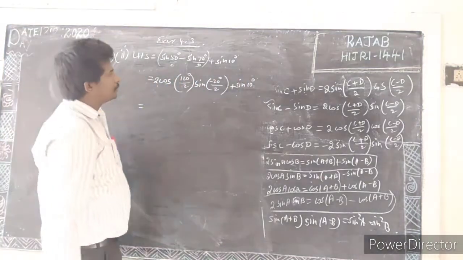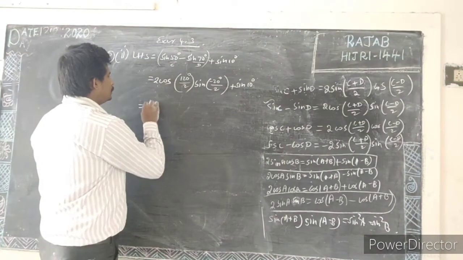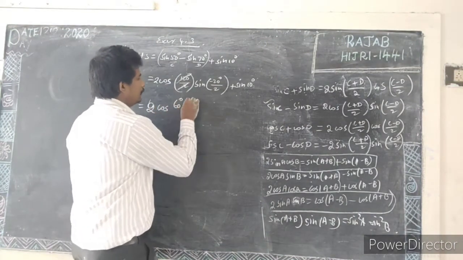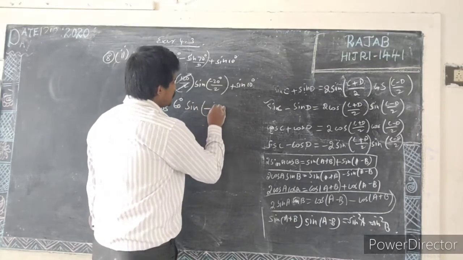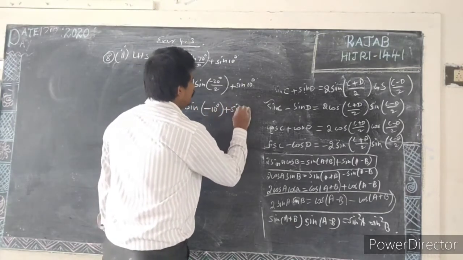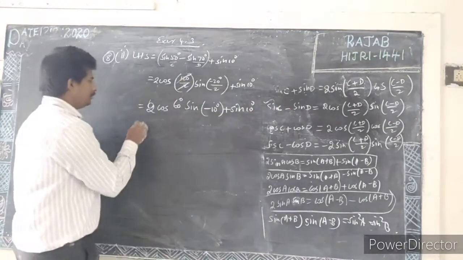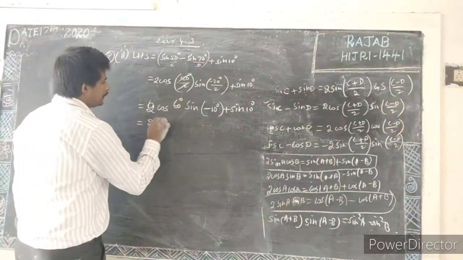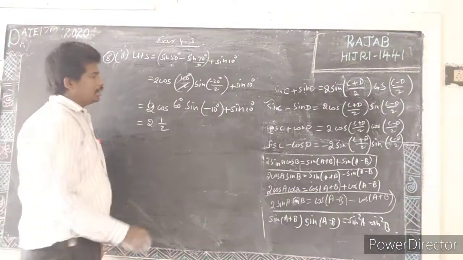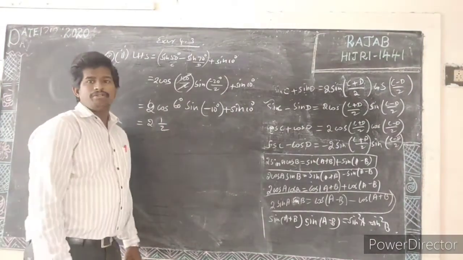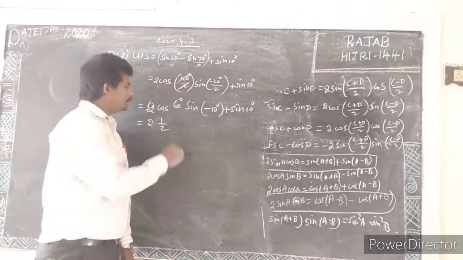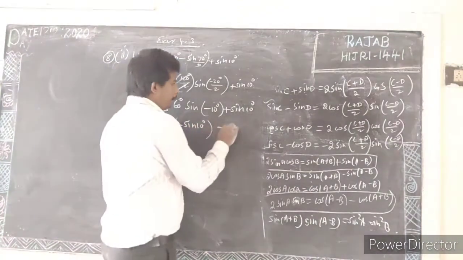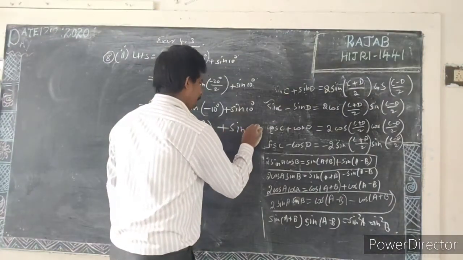So this is equal to 2 cos 60 degree sin minus 10 degree plus sin 10 degree. So this is equal to 2, cos 60 degree is 1 by 2. Then sin of minus theta is minus sin theta. So it becomes minus sin 10 degree plus sin 10 degree.